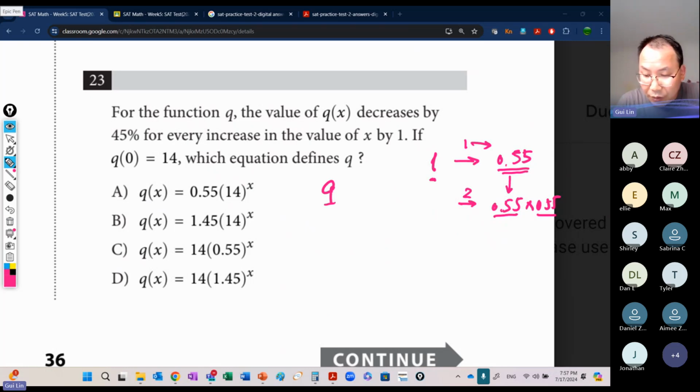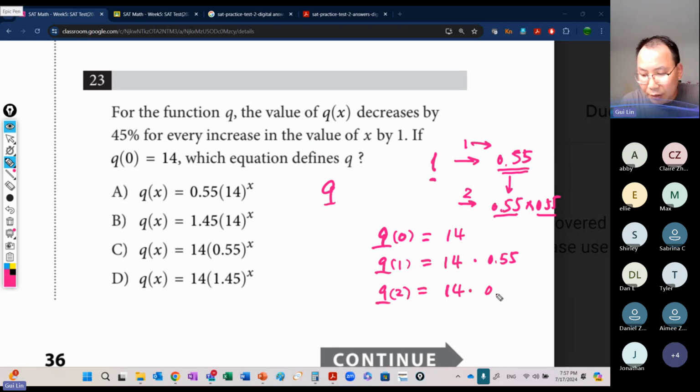All right, so if Q0 equals 14, then when it becomes Q1, it becomes 14 times 0.55, which means a decrease of 45%. Then for Q2, it means 14 times 0.55, and then it decreases 45% again.